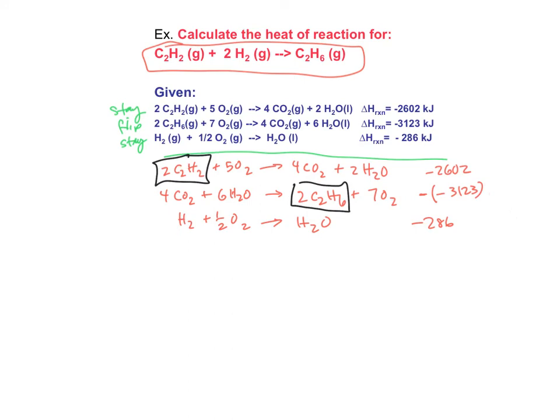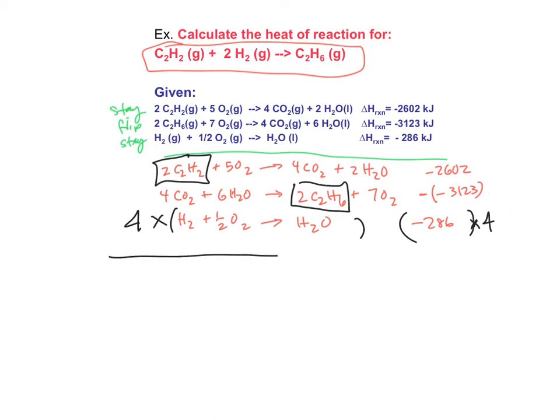Since this is double and that's double, we're going to double this hydrogen as well. And so we are going to multiply this equation times 4, and then the number of the heat will be times 4 as well.